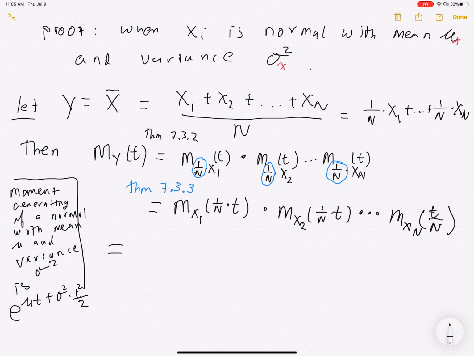Okay, and we're just going to use that right here. This comes from page 136.